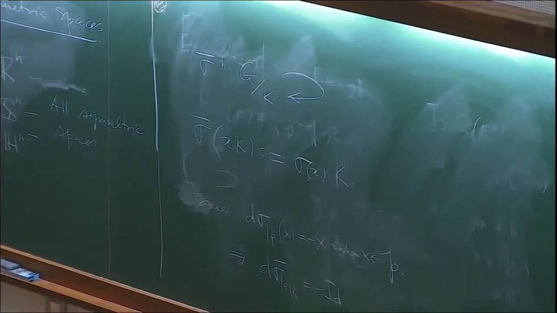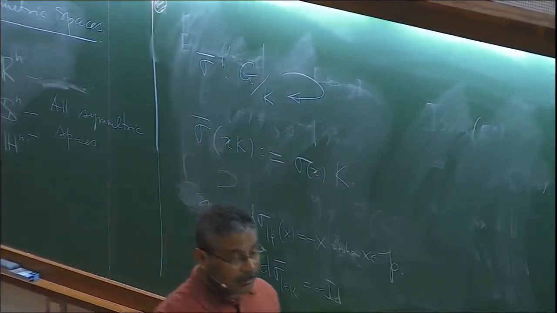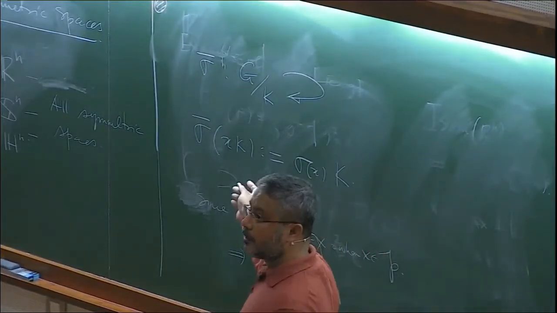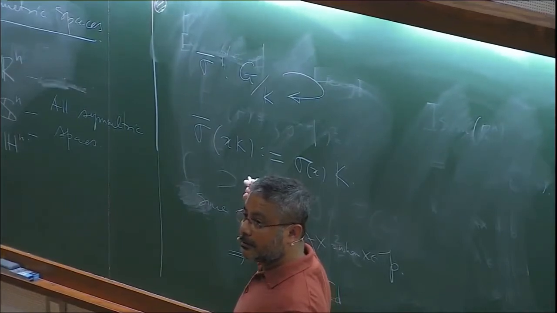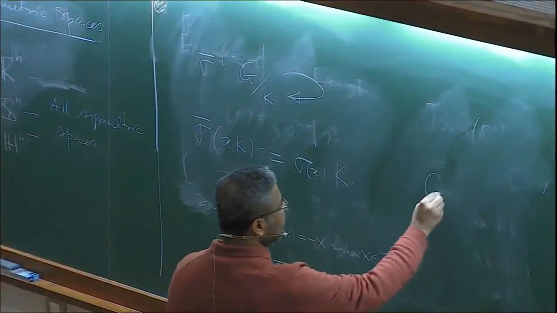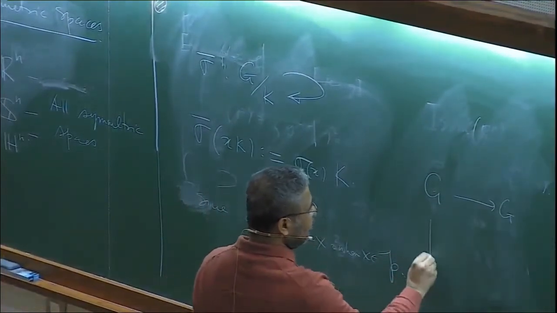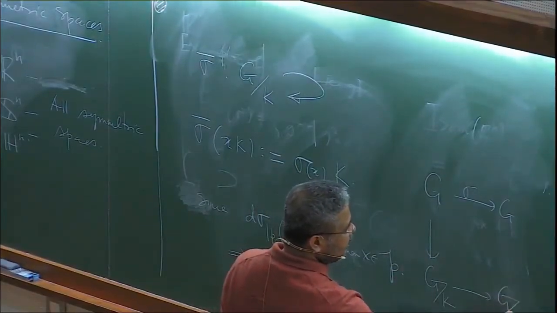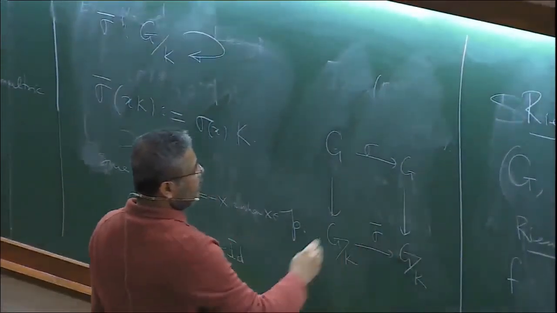And minus identity is always an orthogonal element with respect to an inner product. By the way, this map is a diffeomorphism, there is no confusion about it. You can easily prove that this is a diffeomorphism because the diagram from G to G, sigma, and to G mod K commutes.